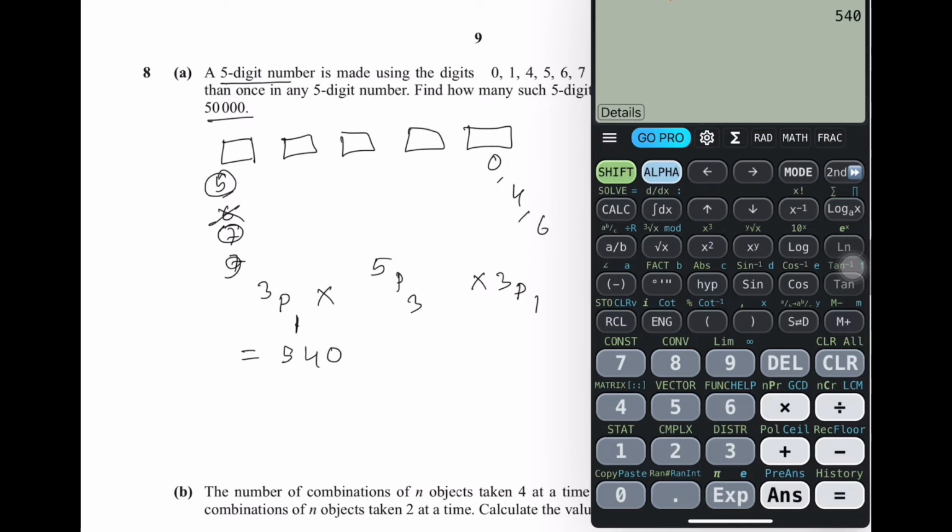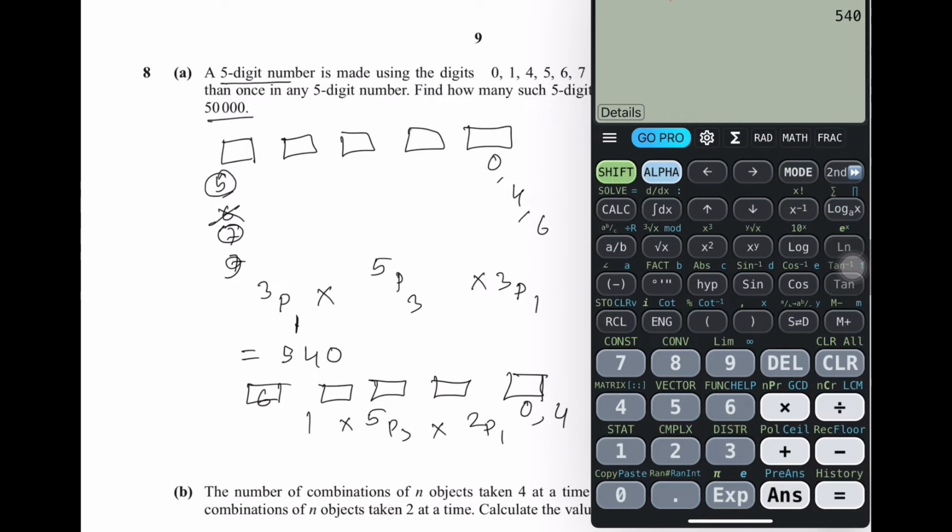But we have 6 also. So if we fill first position by 6, here we cannot fix any 6. We can only put here 0 and 4. So this is one number here, that is, there are 5 more numbers, 5P3 into 2P1 into 1.